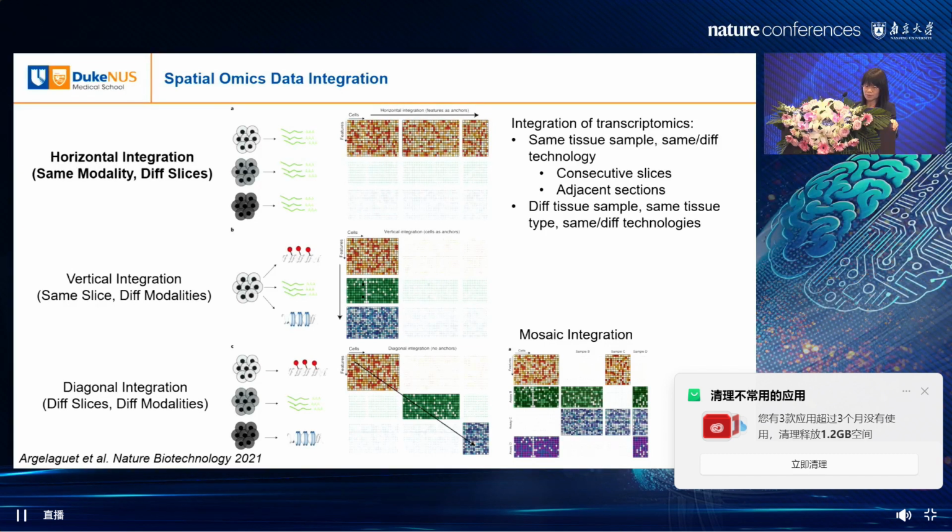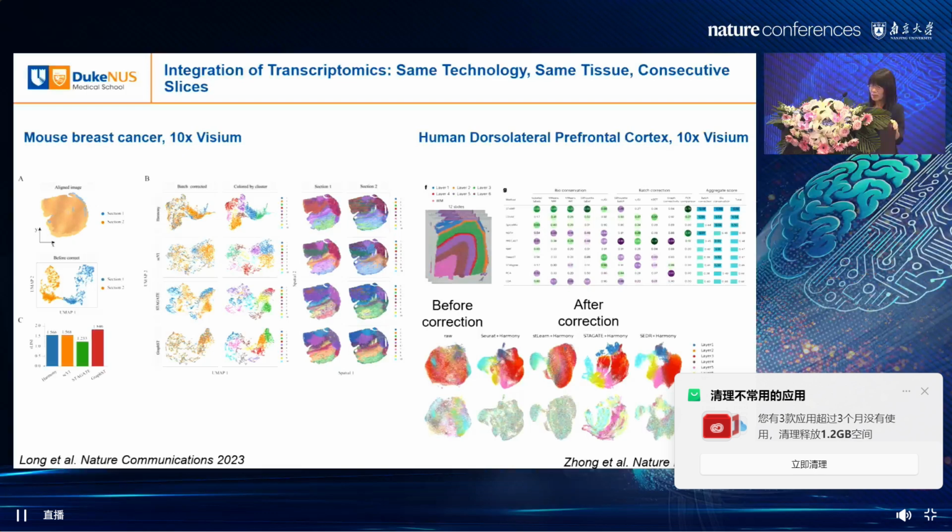I'll start with the horizontal integration of spatial transcriptomics. In this first scenario of data integration, we have sample slides taken from consecutive sections of the same tissue sample, and these samples are profiled with the same technology, Visium.